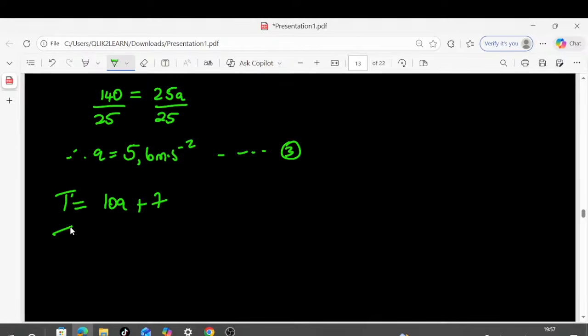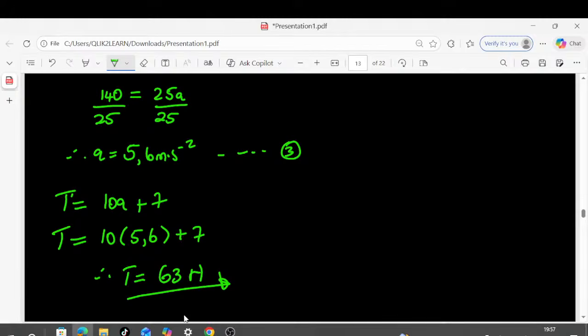The tensional force is 10 times acceleration, which is 5.6, and then we add 7. So when you punch this in, what do you get? When I put this on my side, I get 63 newtons. And that is the final answer.